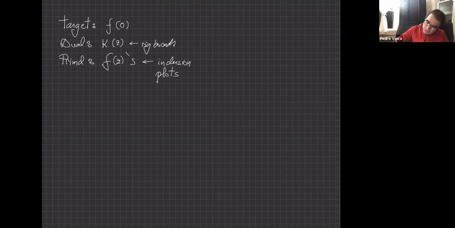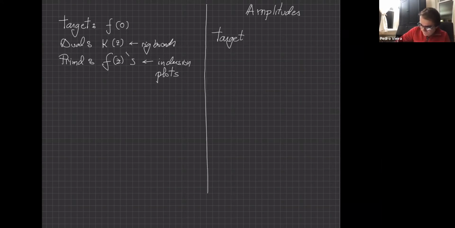And so now we would like to repeat these kind of things and to think, what would we do in the case of amplitudes? So the first question is, what would be the target? Okay, so let's pick a good target, a good function to start.